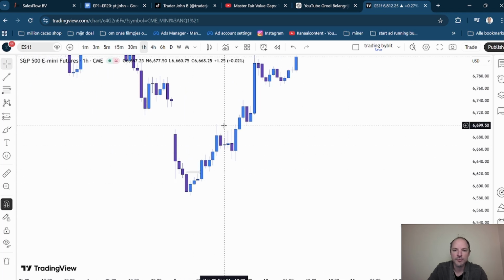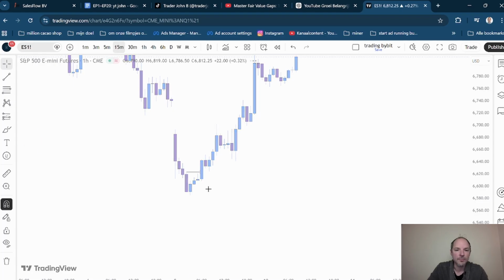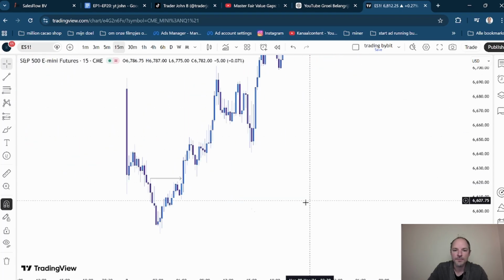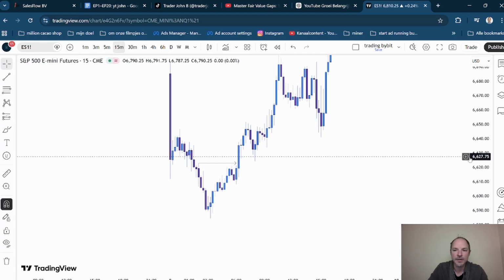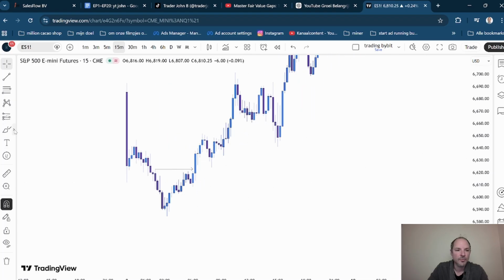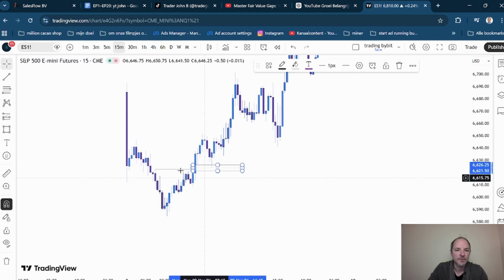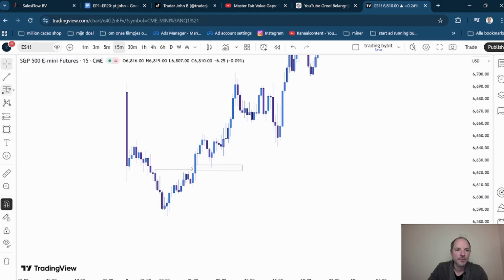The market continues to move. Now we should be looking for an entry. Where do we find a 15-minute fair value gap? We have one here after the shift, and then we are looking for an entry. What did the market do? It came back and it continues. Easy way to enter. We did not chase the first move. We had patience. The market continued.